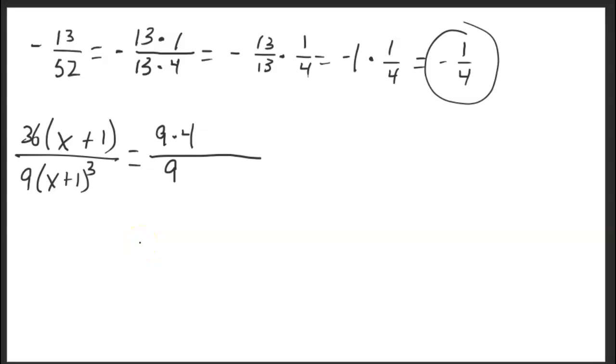And so anytime I can get factors on top and the bottom that are the same, I can cancel or reduce those to 1, right? And so then on top I have this x plus 1. So it'd be cool to have an x plus 1 on the bottom. Well, I do. An x plus 1 on the bottom is inside that x plus 1 cubed, which I can rewrite as the quantity x plus 1 times the quantity x plus 1 squared, right?